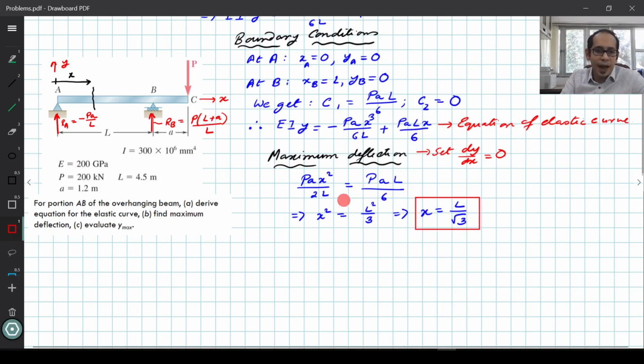So you get that at x equals L over root 3, you are getting the maximum deflection.